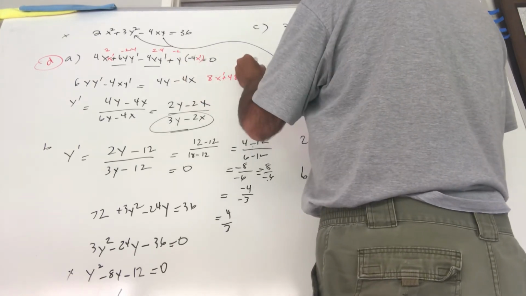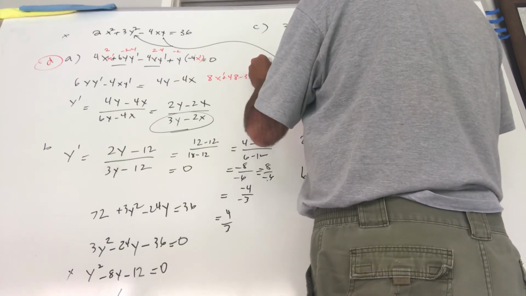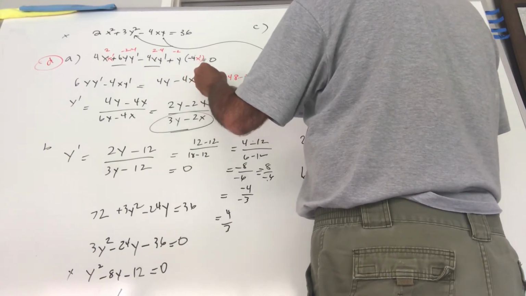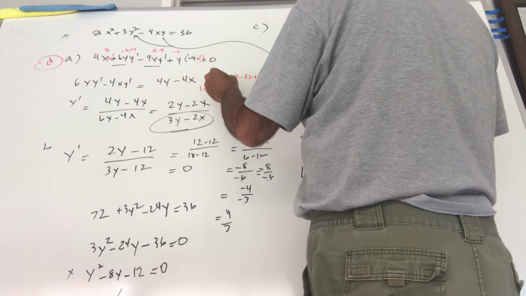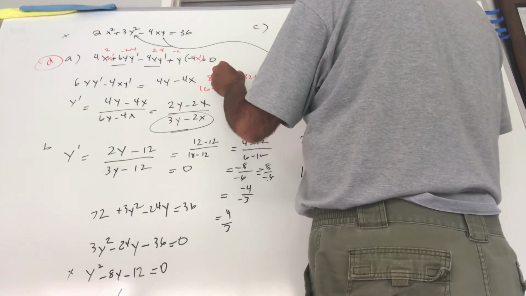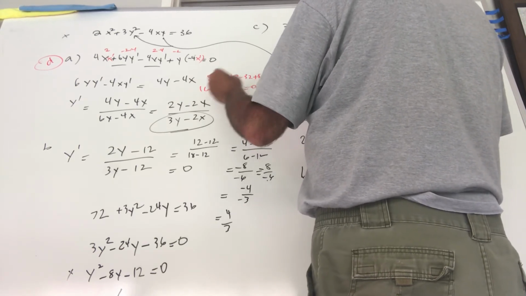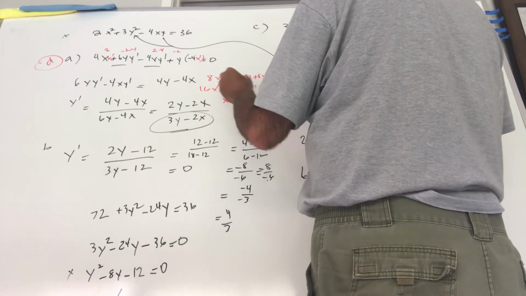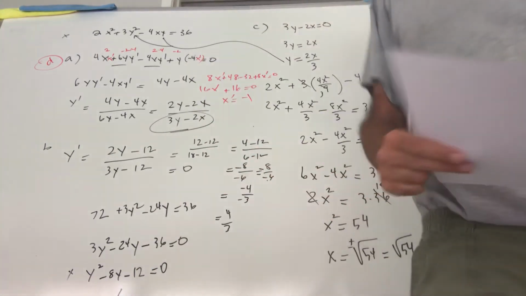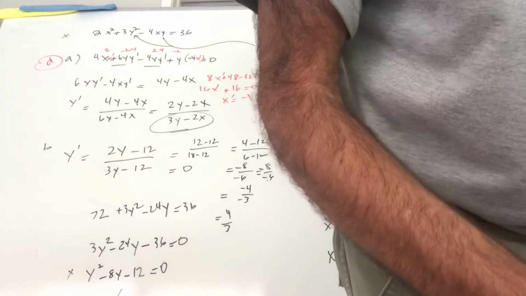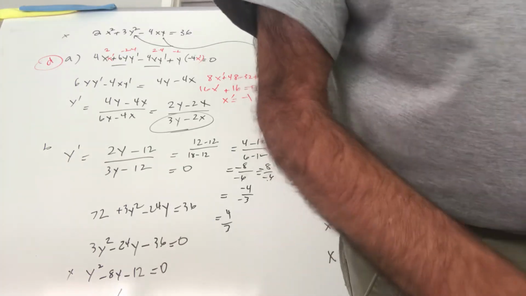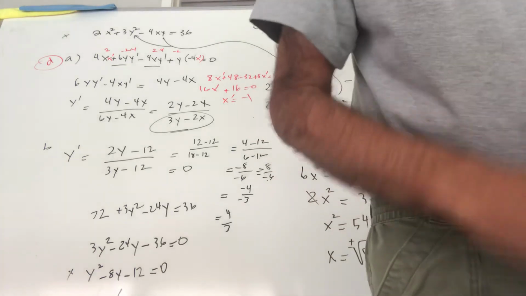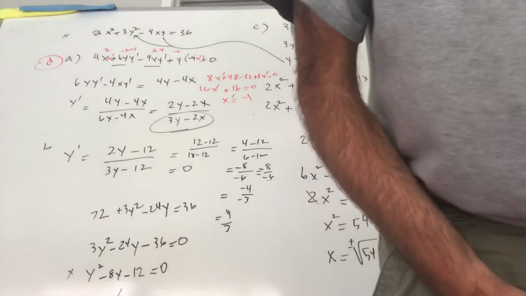Negative times negative is positive. 8x prime equals 0. So it's at 16x prime plus 16 equals 0, so x prime is negative 1, that doesn't seem right to me. I got 5, where's my mistake? I made a mistake somewhere in my math.